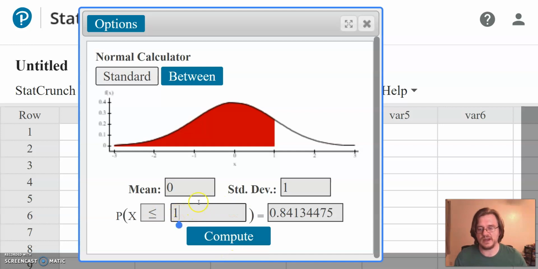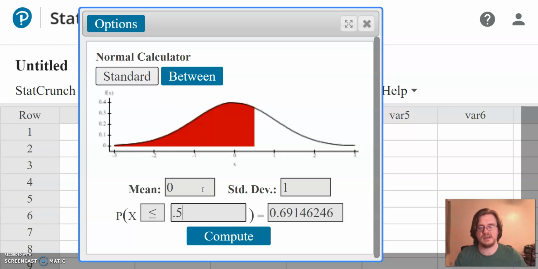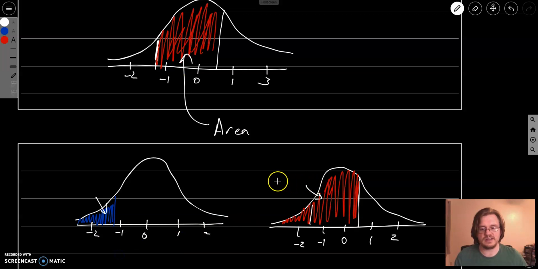So we want to find the area to the left of 0.5. So it's going to be 69% and a little bit more. So if we come back here, this area is going to be 0.6914.